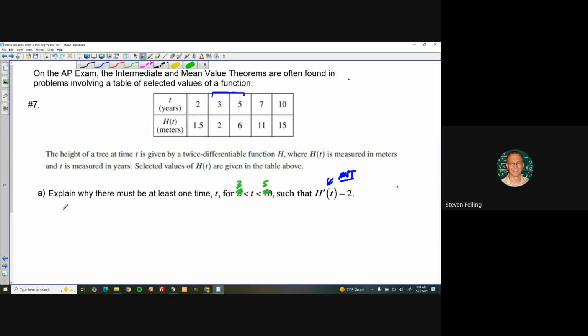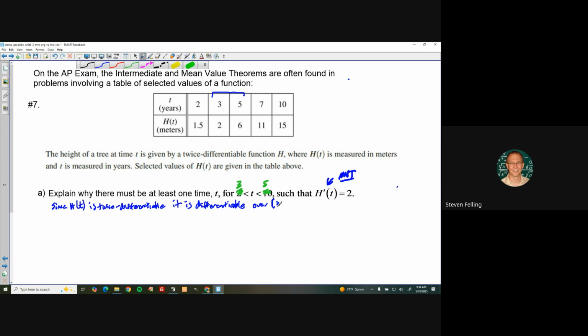Okay, back to the program here, we can say, since h of t, I'm going to slightly change the wording here, is twice differentiable, it is differentiable, meaning the derivative exists, over the interval in question, which is 3, 5.